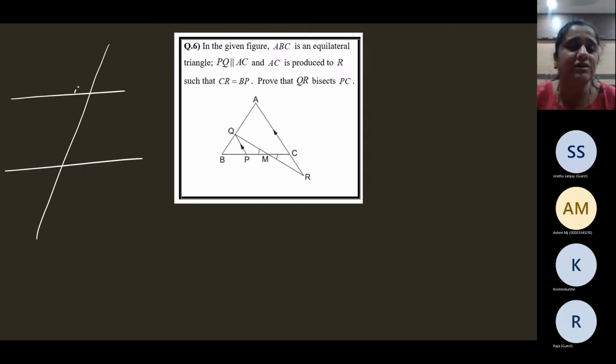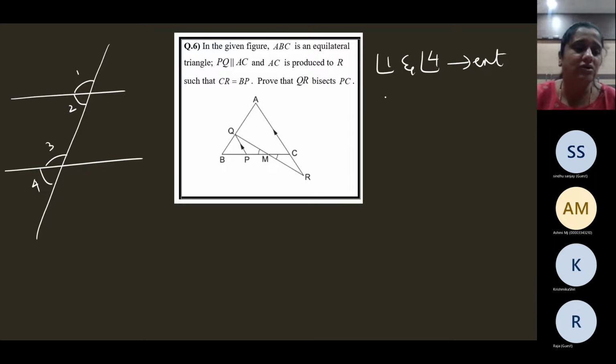Now, for example, these are the four angles, angle 1, angle 2, angle 3, and angle 4, on one side of the transversal. Angle 1 and angle 4 are exterior angles. Angle 2 and angle 3 are interior angles.